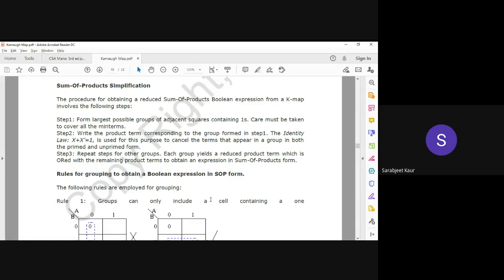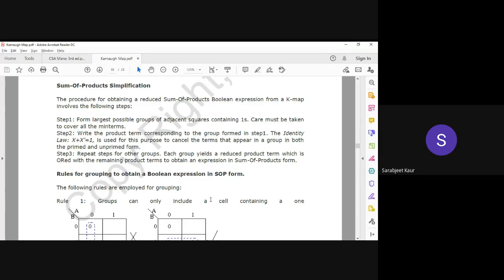Which ones? The ones which are adjacent to each other, either horizontally or vertically, but not diagonally.